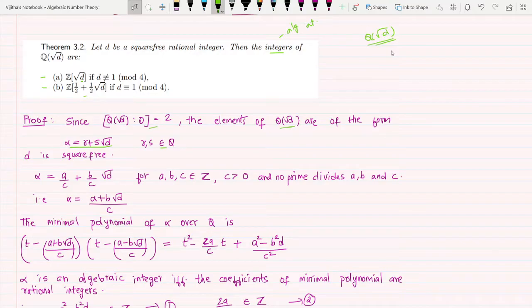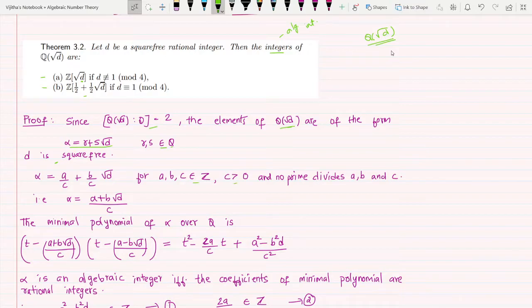Now since R and S are elements of Q, we can write the element alpha as A by C plus B by C root D, where D is square free, and A, B, C are elements of Z and C is greater than 0.